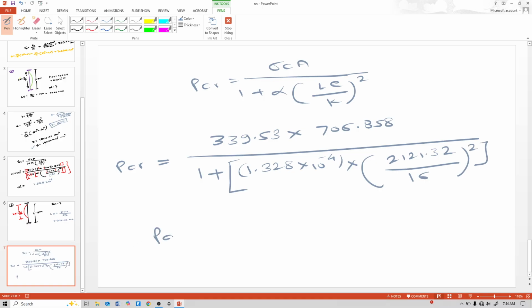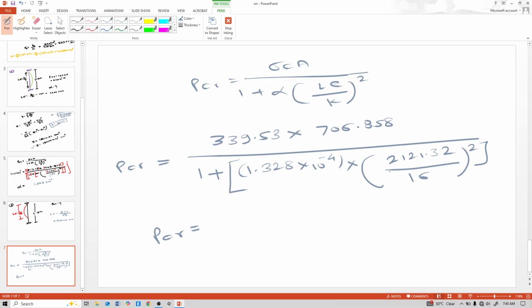Now calculate this. PCR is equal to 339.53 into 706.858 divided by 1 plus 1.328 into 10 raised to minus 4 into 2121.32 divided by 16, and square of that.